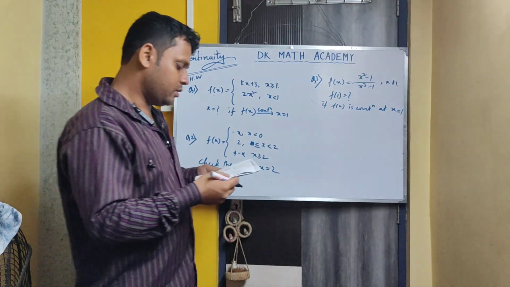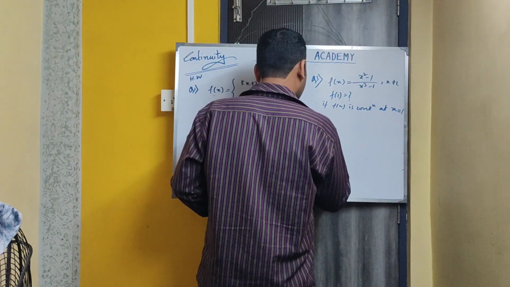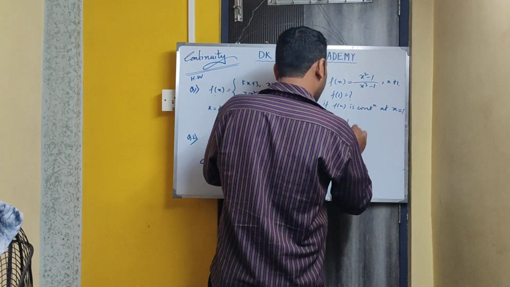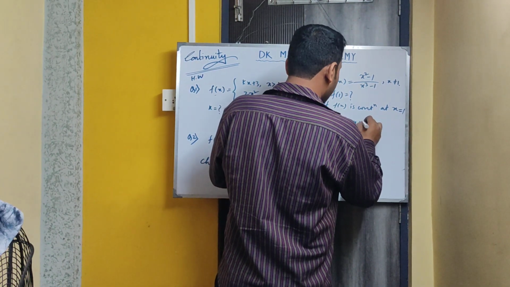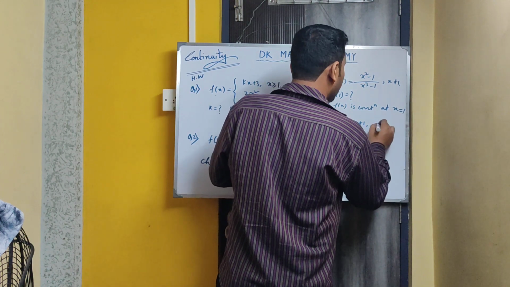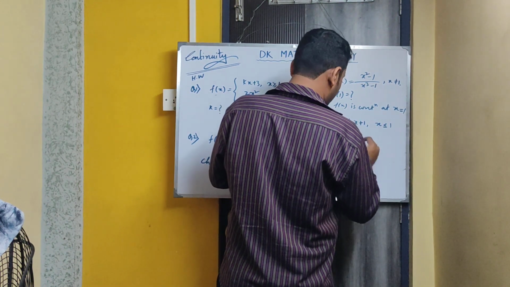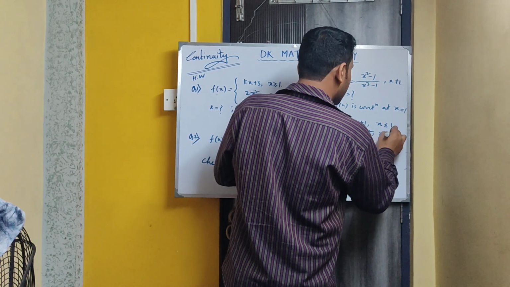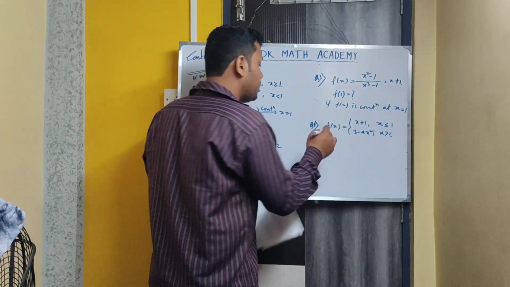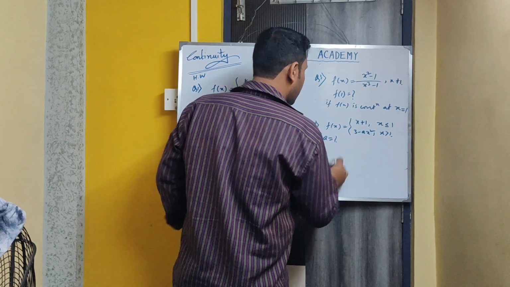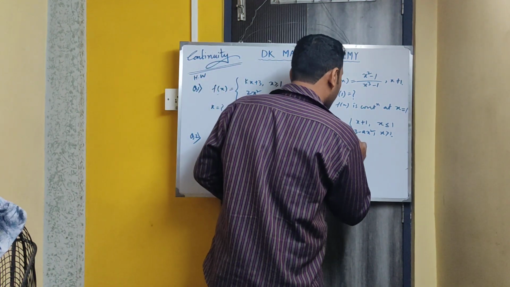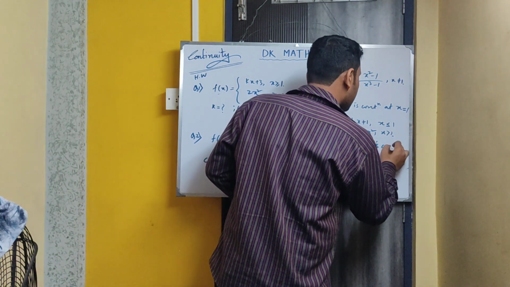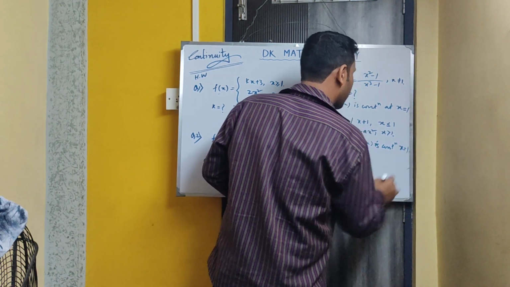Our next question, suppose a function is given by x plus 1 when x less than or equal to 1 and 3 minus a x square when x greater than 1. Find the value of a if f(x) is continuous at x equals 1.